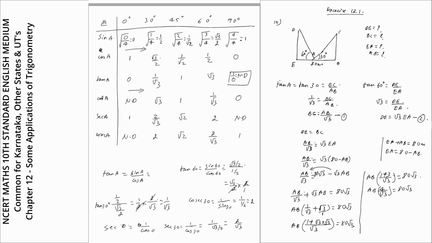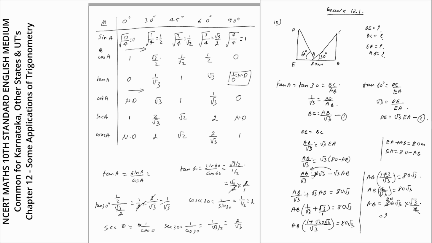Now if I cross multiply, AB is equal to 80 into root 3. From the left hand side, 4 by root 3 is there. If I bring it to the right hand side, root 3 will go to the numerator and 4 will come to the denominator. Now 4 ones are 4, 4 twos are 8, 4 zeros are 0.